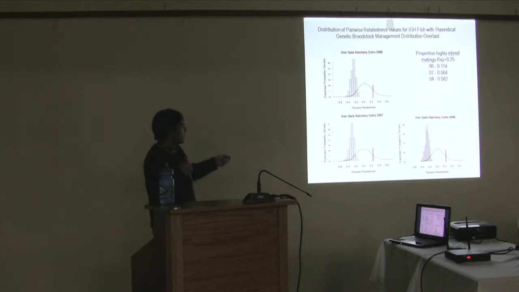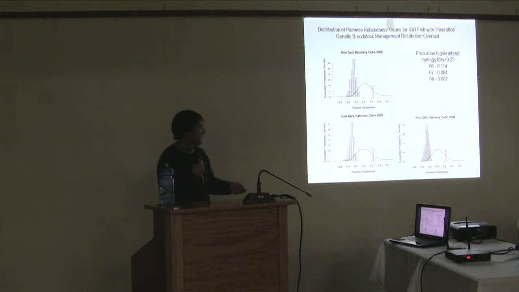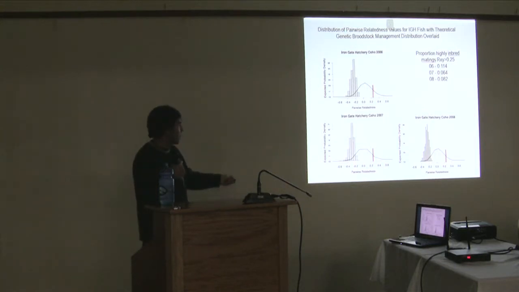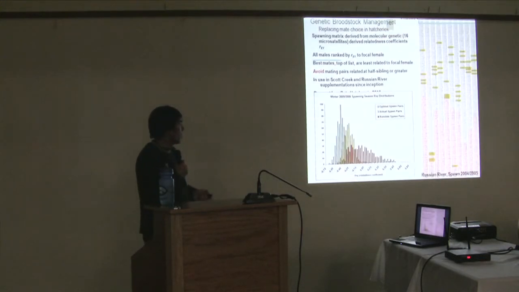And this is what the distribution would be. So this is your optimal distribution. Unachievable because of asynchrony in spawning and incomplete information and so on and so forth. But in principle, you could pretty dramatically shift the relatedness profile of your spawning pairs from here to there.